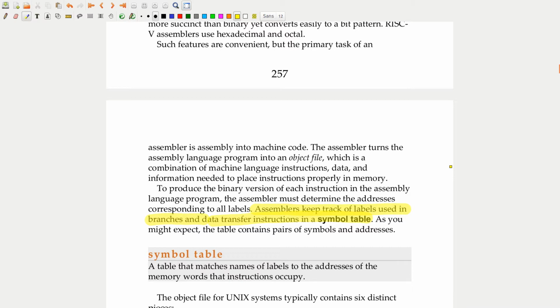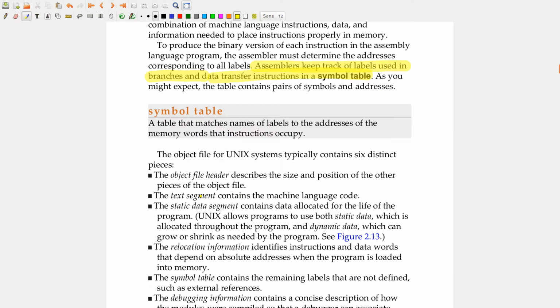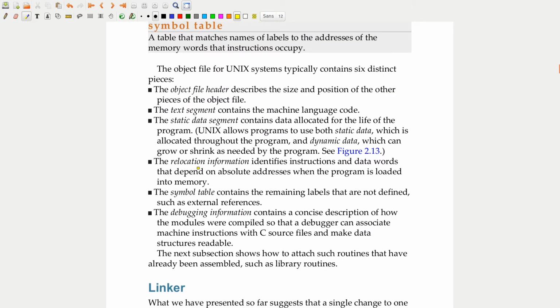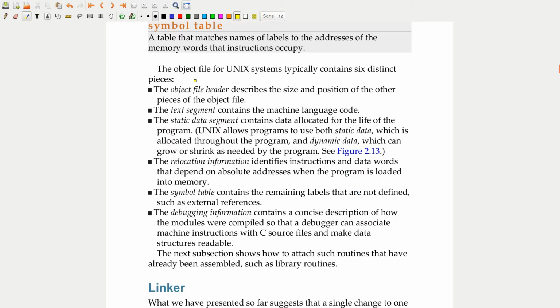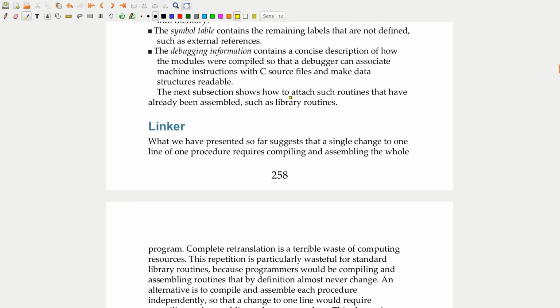A lot of times the error you'll get is that the symbol table lookup failed, because it can't find information to execute that function. So, like I said, it's a table of symbols and instructions. And this is over object files.